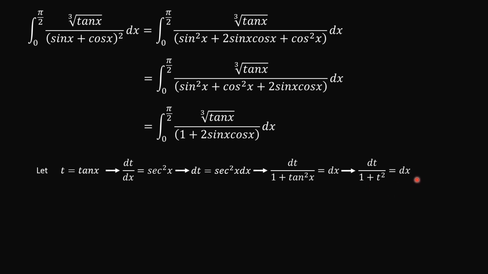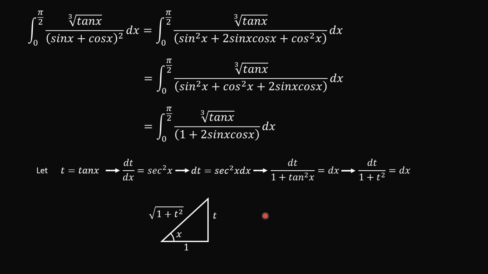We would also like to know what sine x and cos x are in terms of t. We can use a triangle, with the base angle being x, and since we know tangent of that angle would be opposite over adjacent, which would be t over 1, the opposite would be t, and the adjacent would be 1, and therefore the hypotenuse would be the square root of 1 plus t squared.